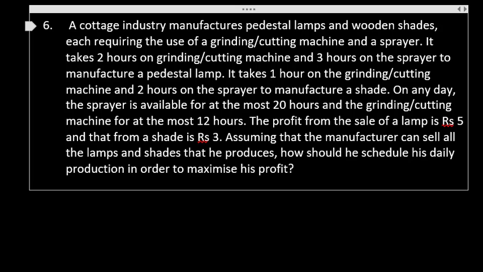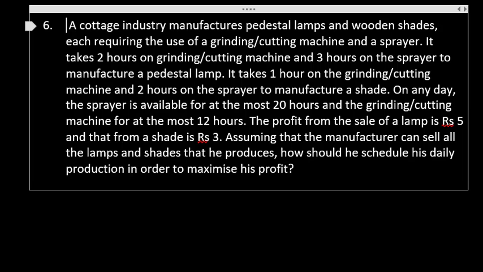Now a cottage industry manufactures pedestal lamp and wooden shades, each requiring the use of grinding cutting machine and a sprayer. It takes 2 hours on grinding cutting machine and 3 hours on sprayer to manufacture a pedestal lamp. It takes 1 hour on grinding cutting machine and 2 hours on sprayer to manufacture a shade.